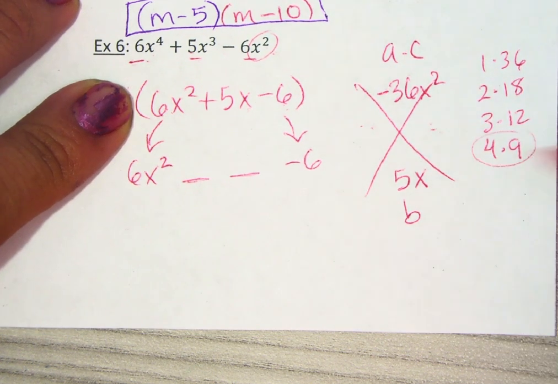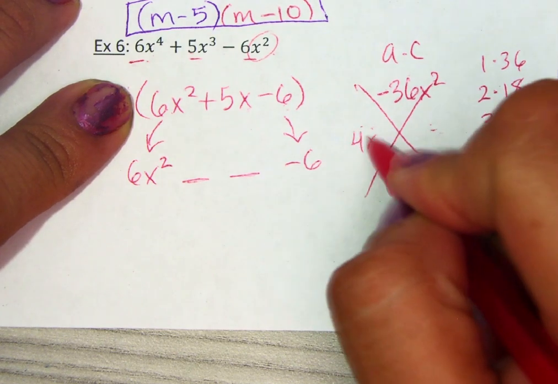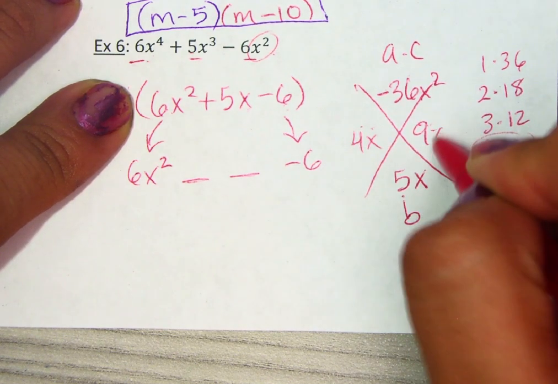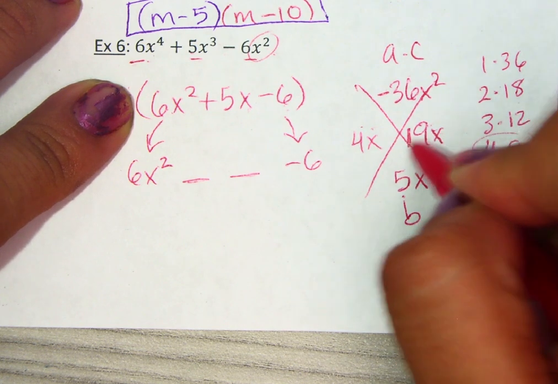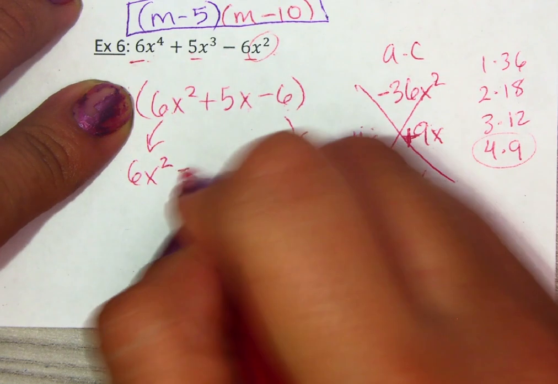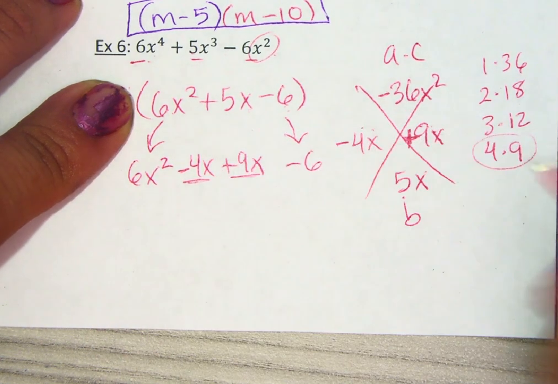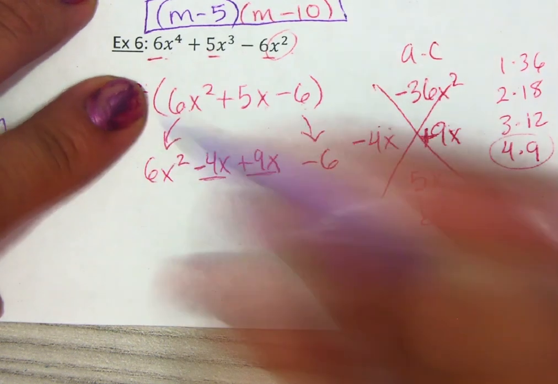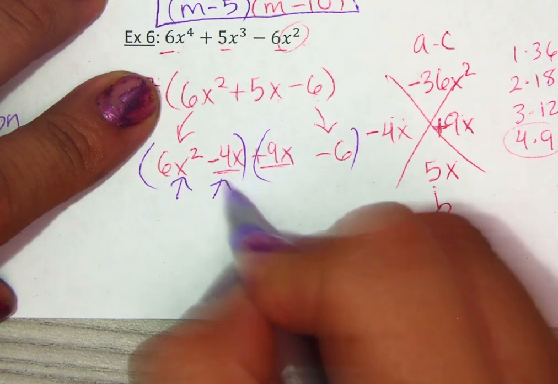So 4 times 9 gives you that 5. 4x, 9x, and in order to get positive 5x, you need to have a plus 9, negative 4. So we're going to have negative 4x plus 9x, group it, and then find the GCF.